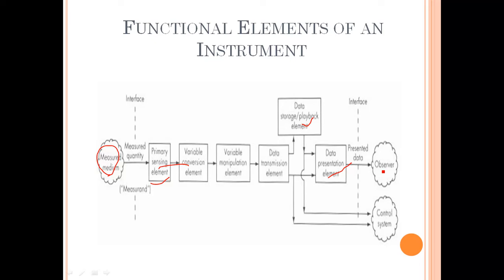So components of an instrument or measurement system are measured medium, primary sensing element, variable conversion element, variable manipulation element, data transmission element, data storage playback element, data presentation element, then observer.